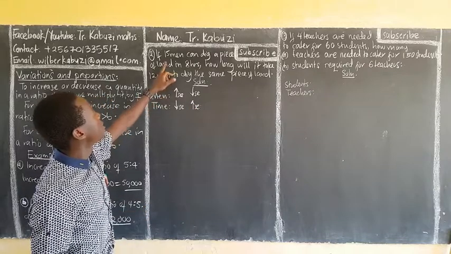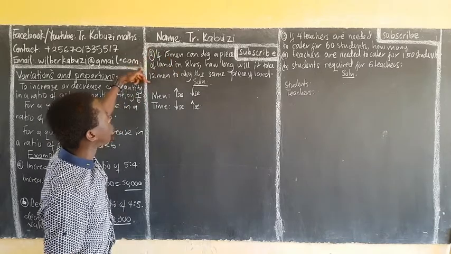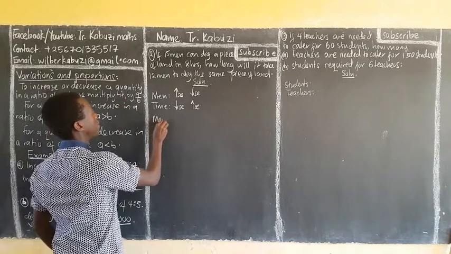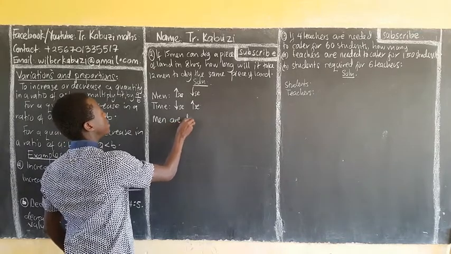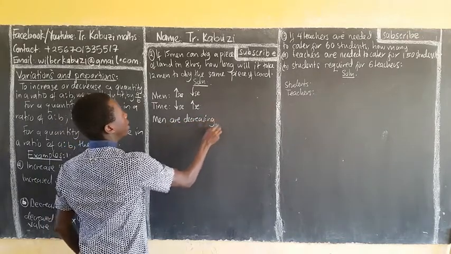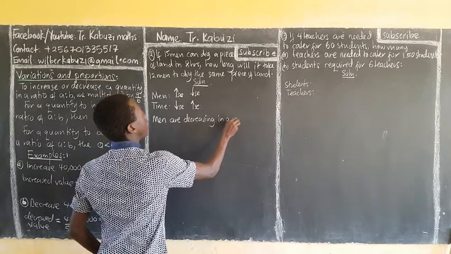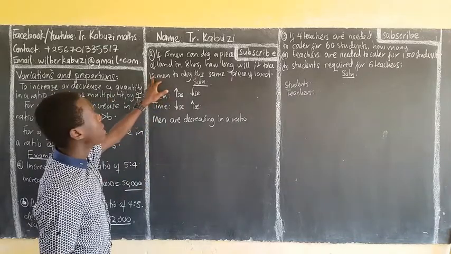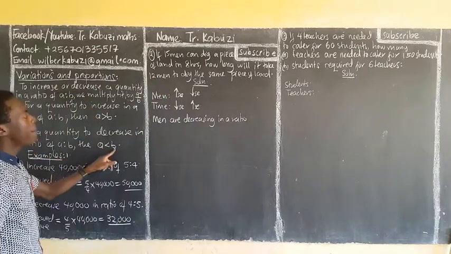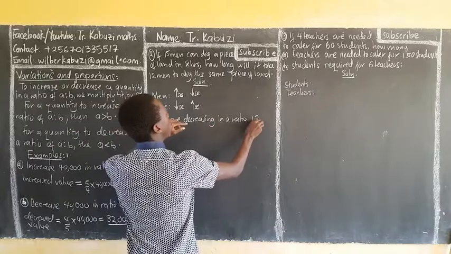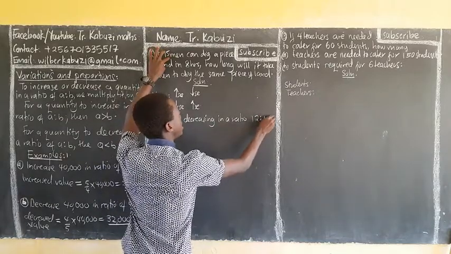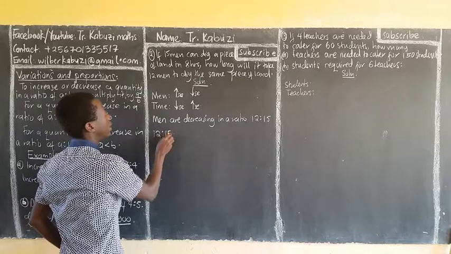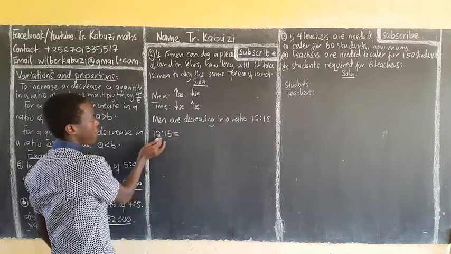Now, let us see. Men are going from 15 to 12, so we are reducing the men, but in which ratio? Men are decreasing in a ratio of 12 to 15, since for a decrease, A should be less than B. It is decreasing because this is less than this. 12 to 15 is the same as 4 to 5 when we reduce by 3.